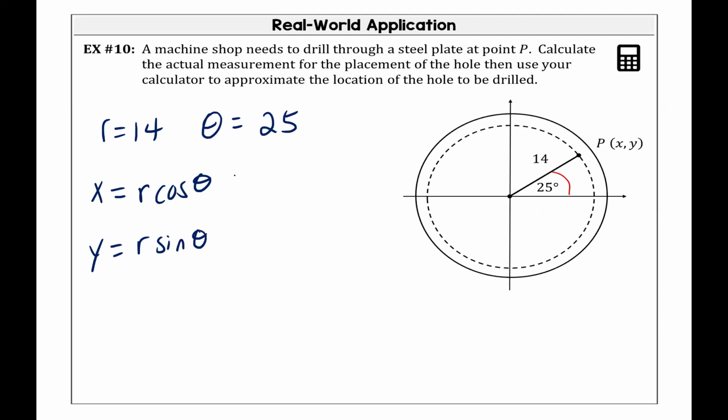And I have everything I need to plug in and solve, right? So I'm going to plug in, and we have 14 cosine of 25 and 14 sine of 25. The key thing is when you're using your calculator, please make sure it's in degree mode. If I'm given degree mode, I have to make sure that my calculator is also in degree mode.